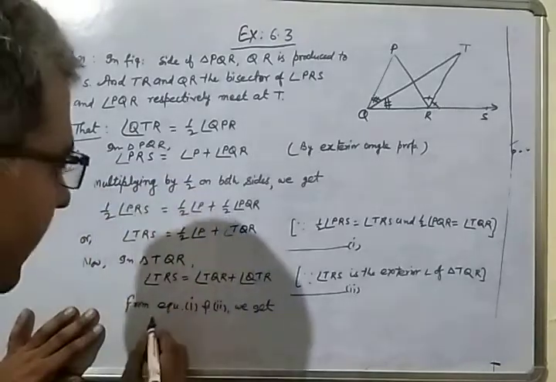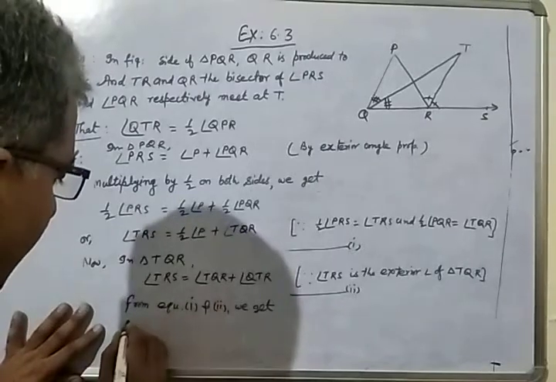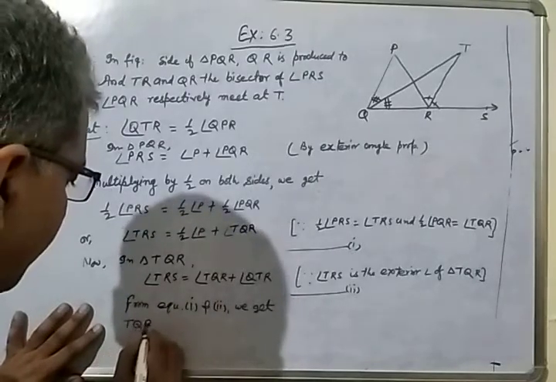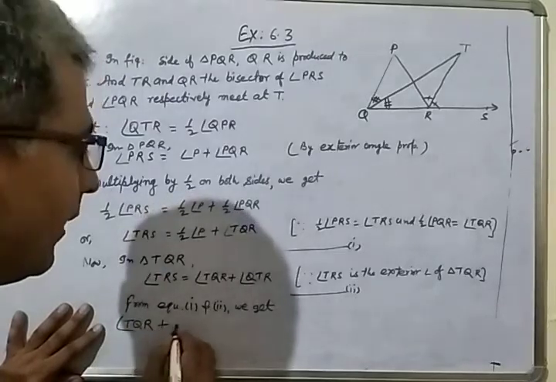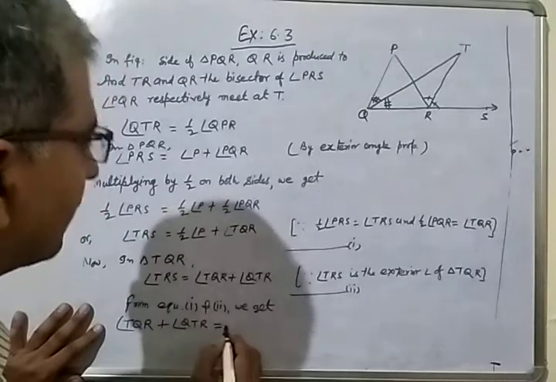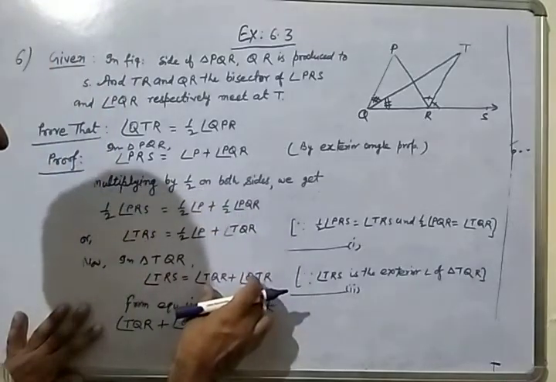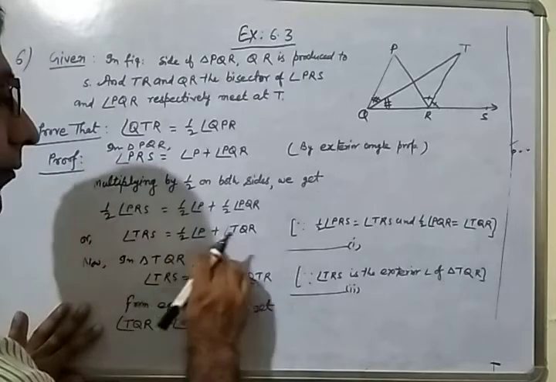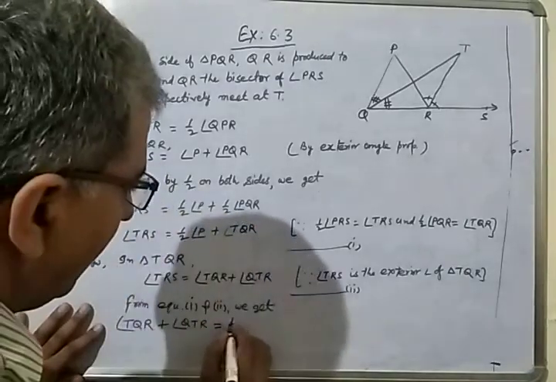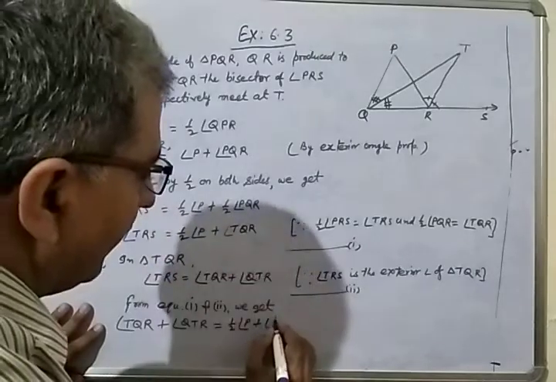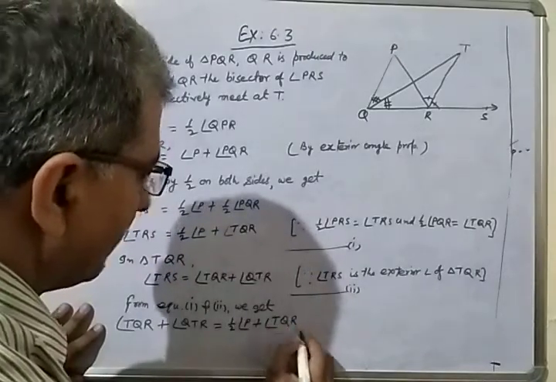So angle TQR plus angle QTR is equal to, the right hand side of the second equation and the right hand side of the first equation, half angle P plus angle TQR.